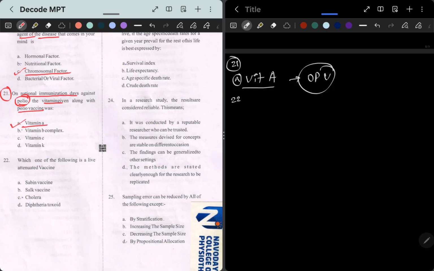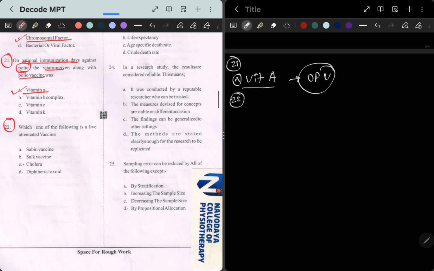Next one, number 22: which one of the following is a live attenuated vaccine? You will know the live attenuated vaccine is the Sabin vaccine. Why?